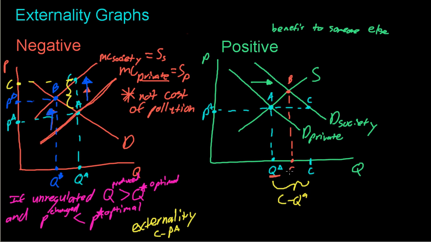So that will be QB, which is greater than QA, and we will also pay more for them, assuming that supply stays the same, ceteris paribus. So this will be PB.